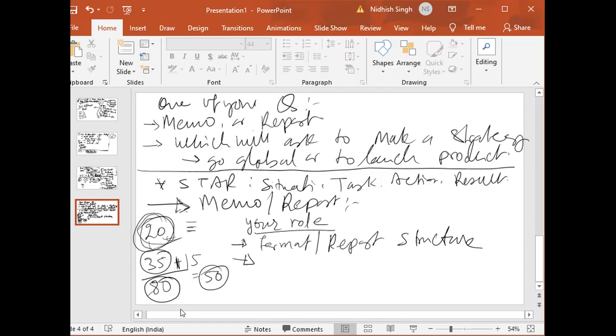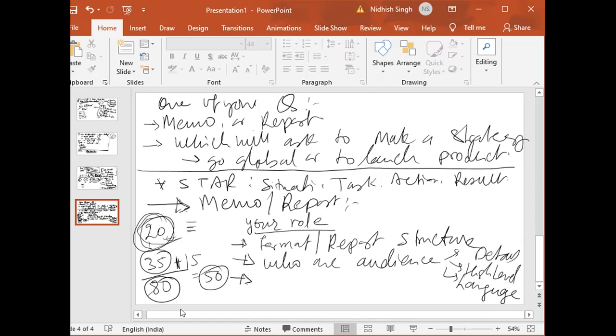Thirdly, who is the audience? Because that will decide whether you go into the details or stay high level. And what should be the language as well. Fourthly, mark allocation.